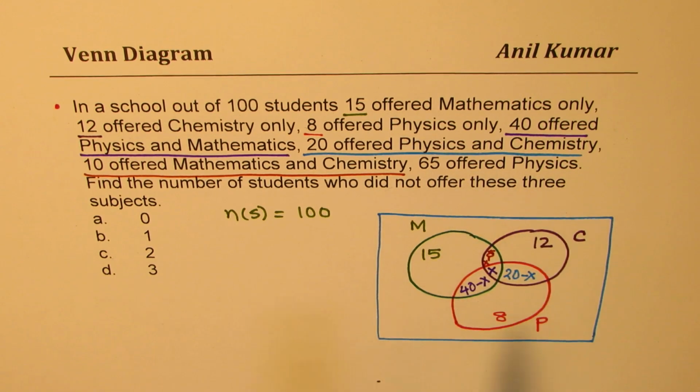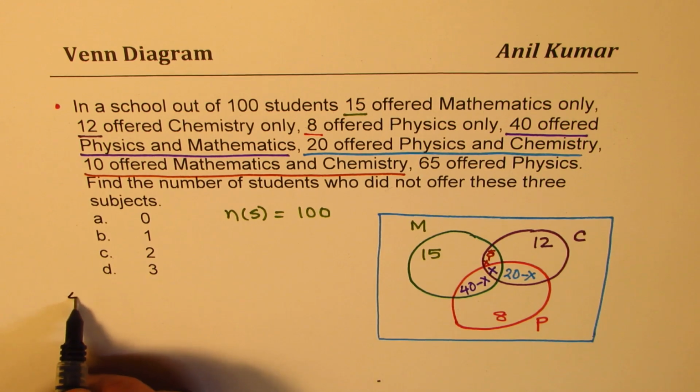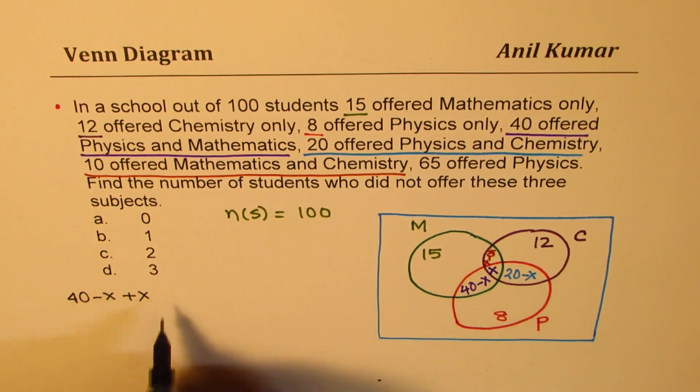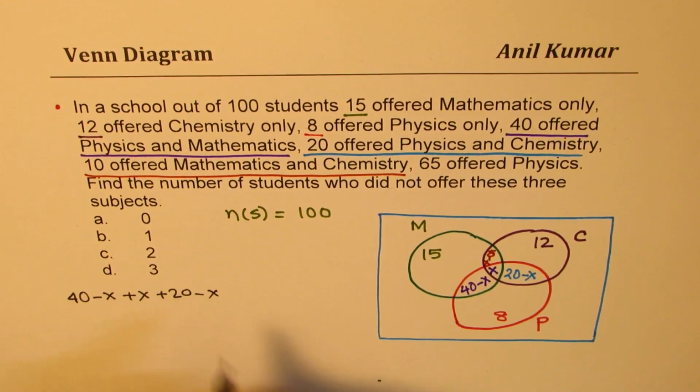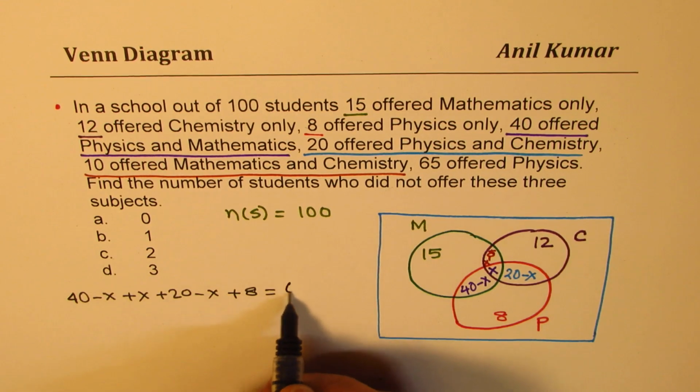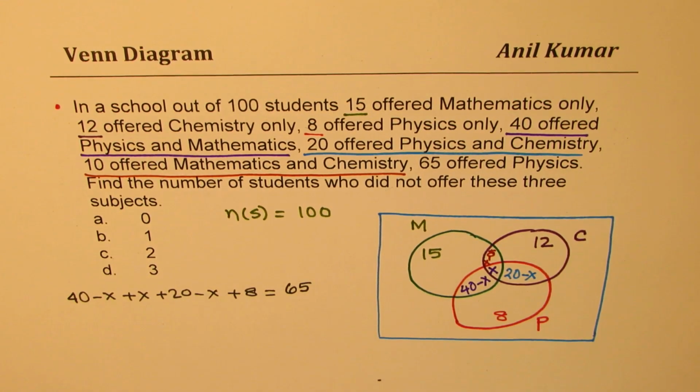65 offered physics. Now when we say 65 offered physics, that means everything within this red circle is physics. So we could now write all this is 40 minus X plus X, right? And then we have plus 20 minus X and plus 8. All this is equal to 65. Now from this equation, we actually get the value of X, right?